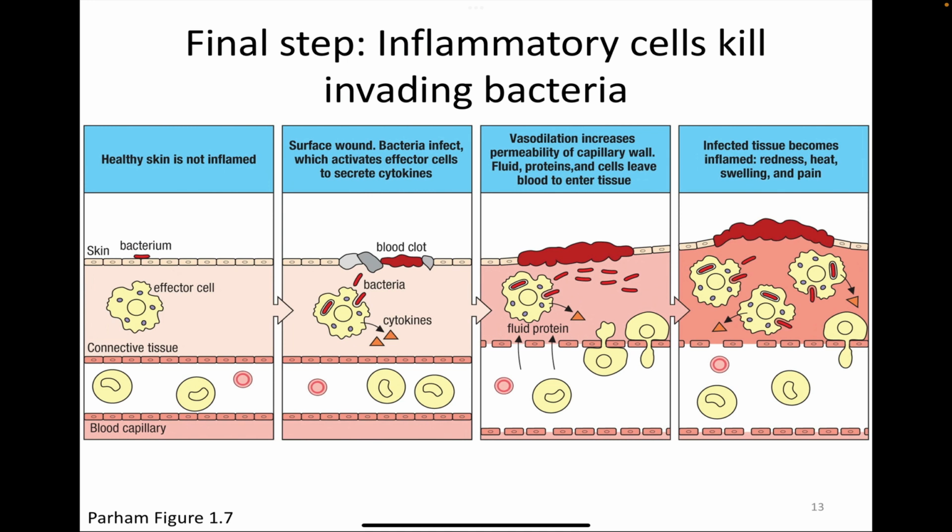Remember at the beginning of this process, the cell that was in the tissue that started this whole thing off was a macrophage. And remember, it could do phagocytosis and kill microbes. It also had pattern recognition receptors that could allow it to eventually transcribe cytokines.